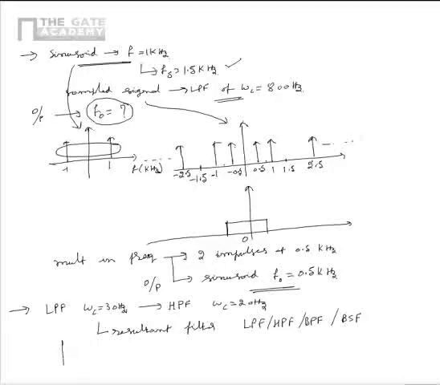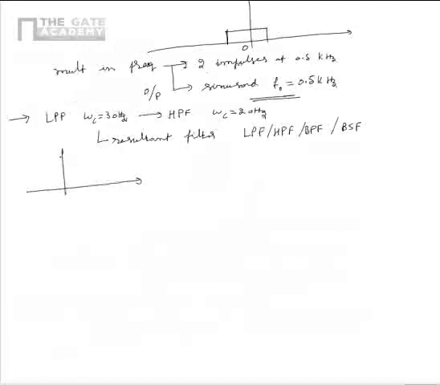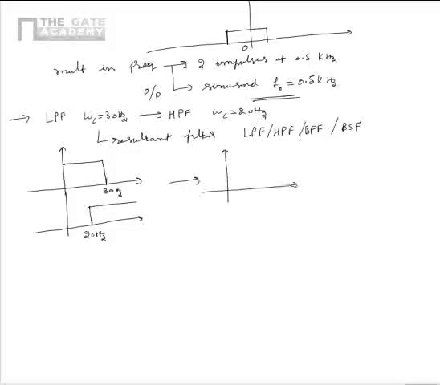From this we can see that the low pass filter with a cutoff frequency of omega c will be as shown, and the high pass filter with a cutoff frequency of 20 Hz would be as shown. Due to the cascade connection, we see that the resultant filter will be as shown.